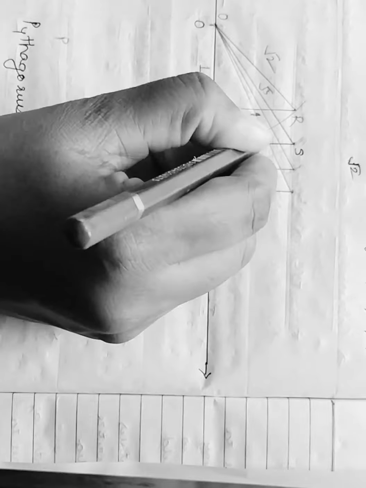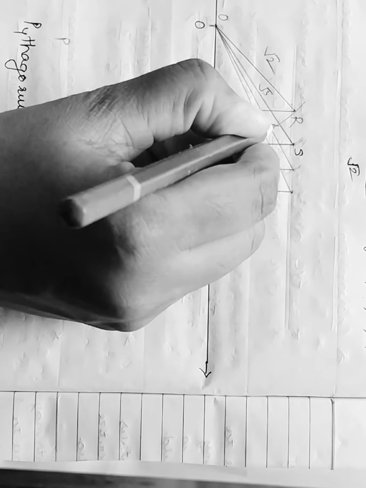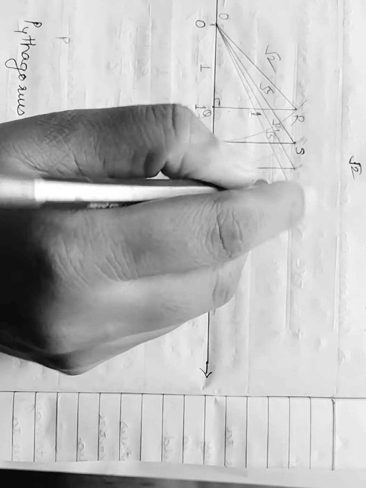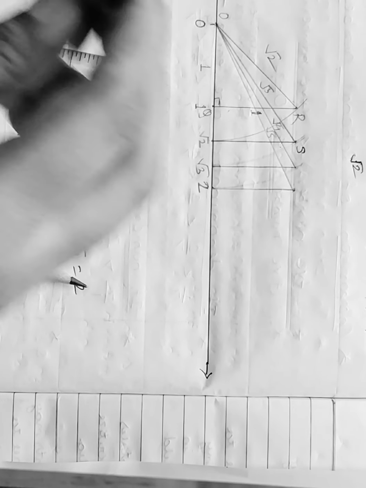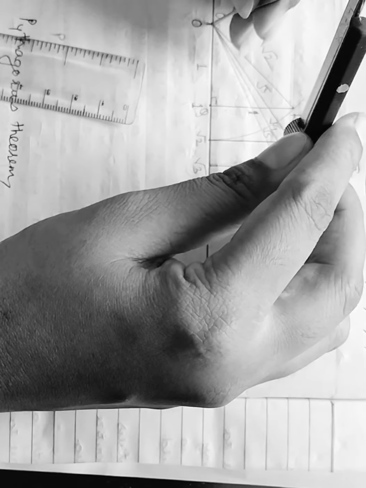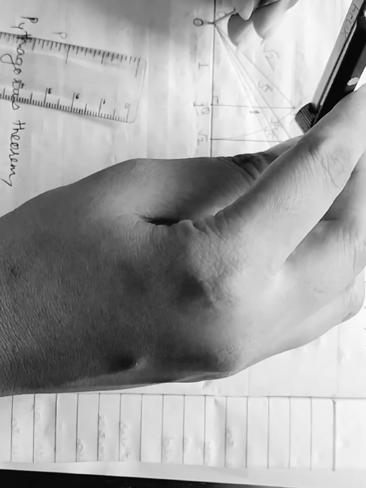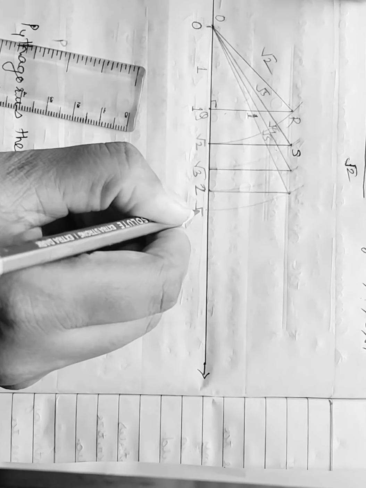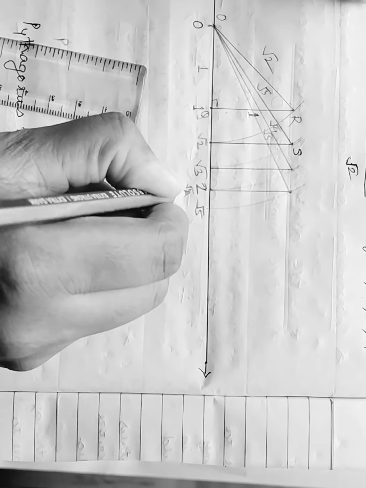This is the line of root 4, and this will be root 5. When we take this distance again, that is root 5.